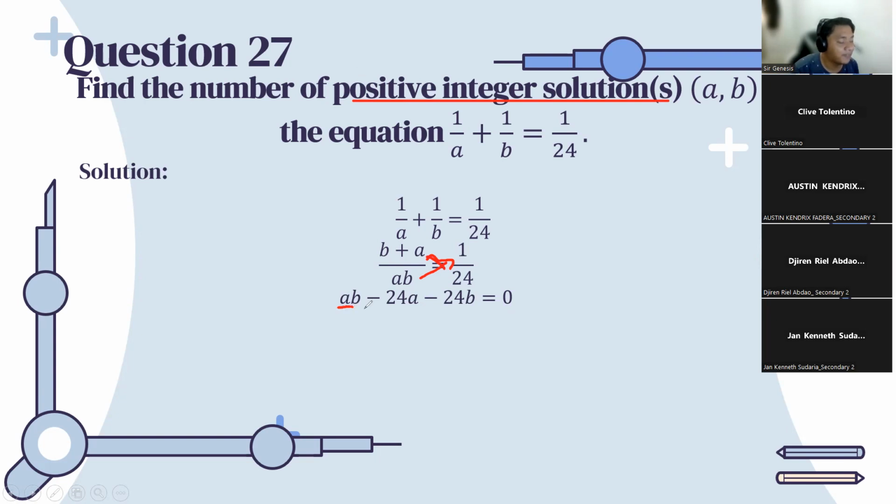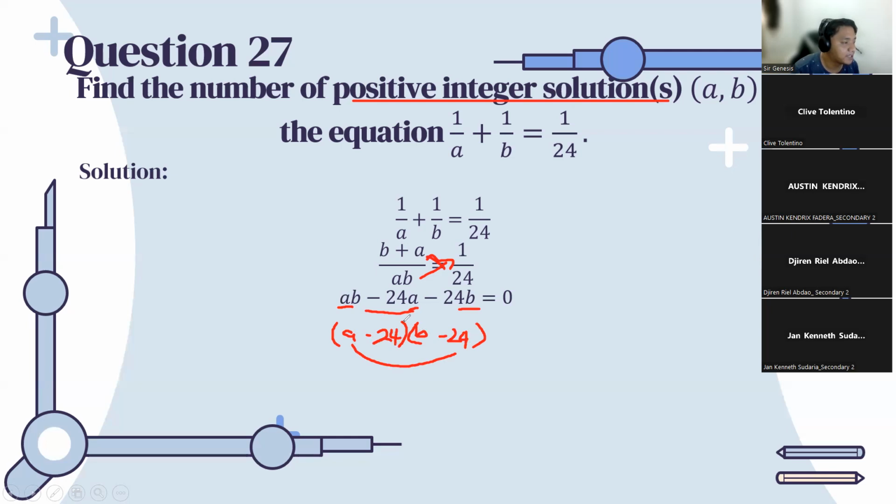If you'll notice, you have AB, and the variables A and B are separated here. So if you try to factor that, you would have A and B separated. Here we have negative 24. How do you get negative 24A? You have to multiply A by negative 24. Same with B, so negative 24.